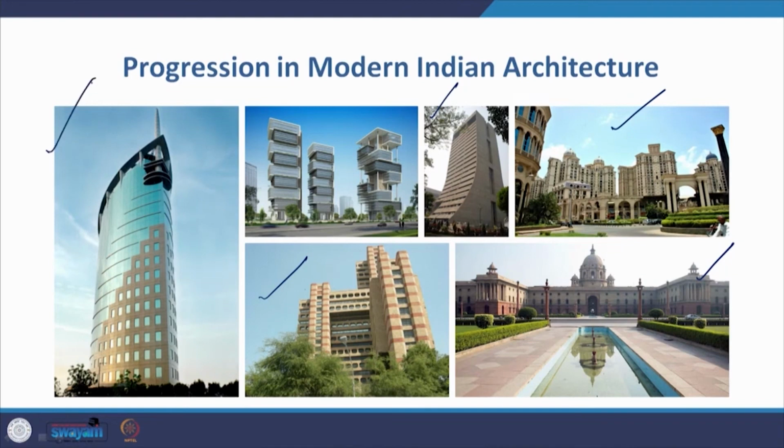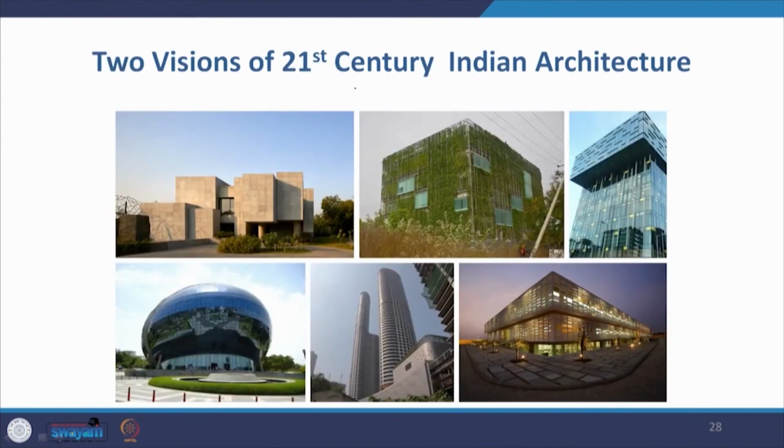We have the global response of the DLF building in Gurgaon in glass and steel, and we have critical regionalism, a project that's coming up in Gurgaon being executed by Morphogenesis. Again, a series of examples that we find of a modern brutalism context, that is today glass and steel, glass and steel, glass and steel, critical regionalism by Morphogenesis, Pearl Academy, and this is a building by Rahul Mehrotra.